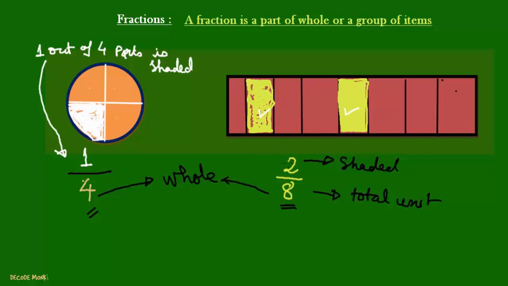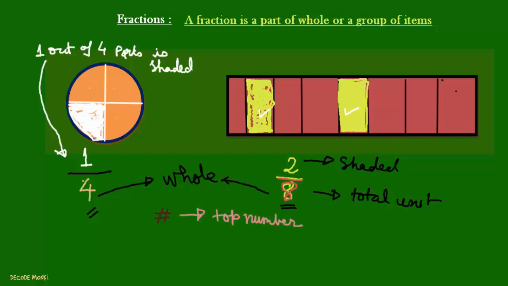Now this statement can be represented mathematically by putting the shaded portion at the top and the total number of portions at the bottom of a line. So by now you should understand that a fraction consists of a top number. Let me write that down.